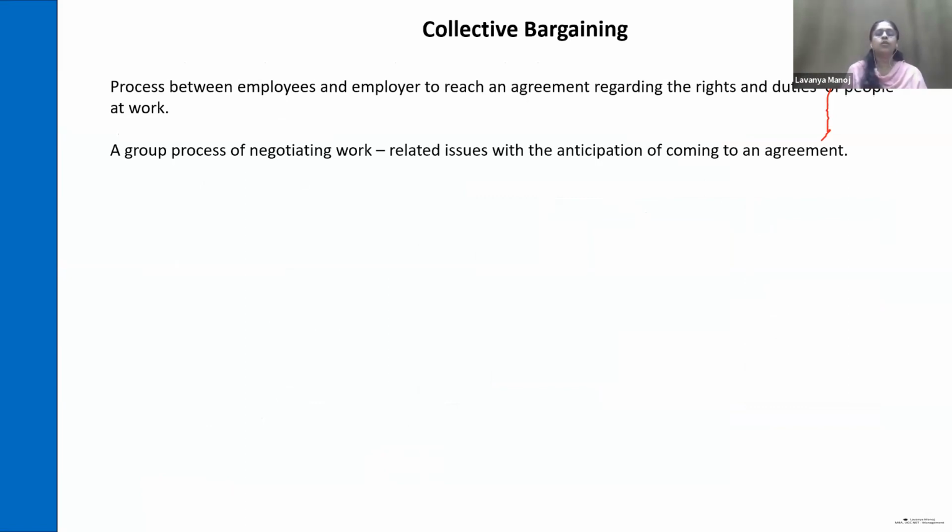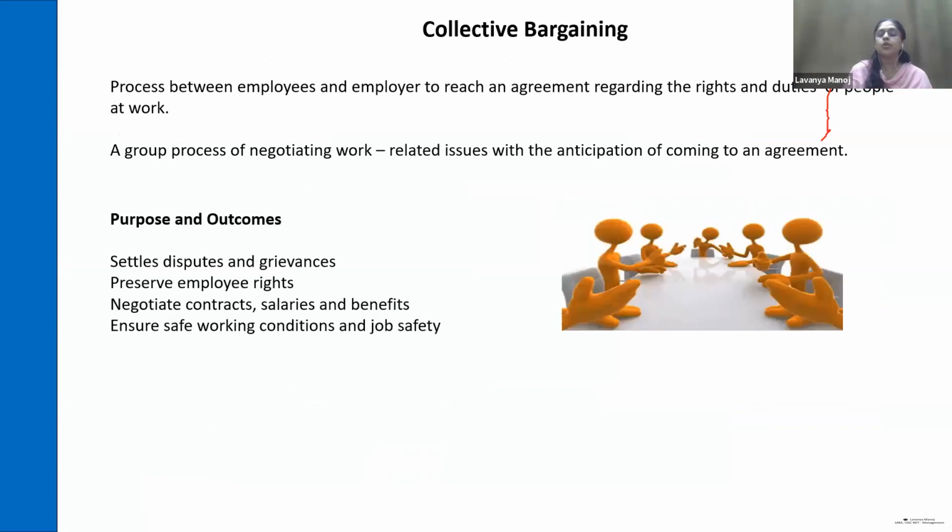So what does it do? It is the process between employers and employees to reach an agreement regarding the rights and duties of people at work, a process of negotiating work related issues with the anticipation of coming to an agreement.